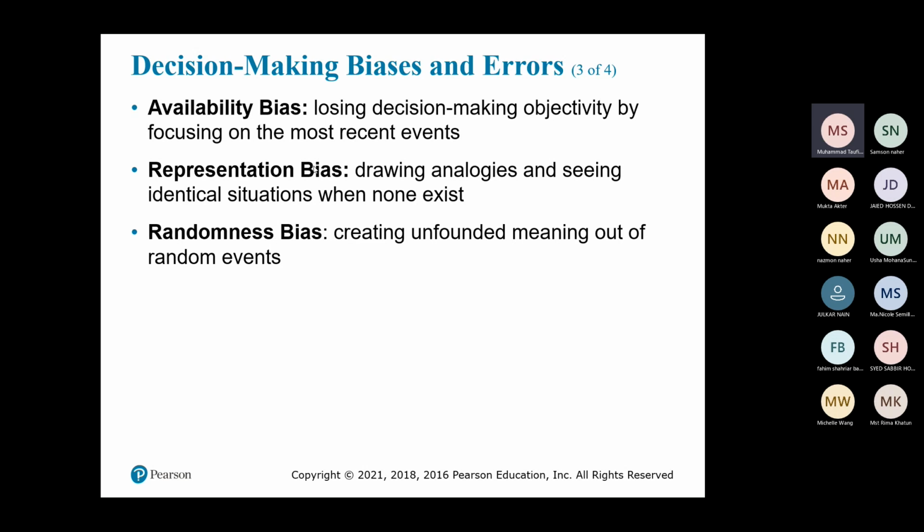You don't care about the previous events. Maybe you just remember this month's events, and you ignore all the previous months' events that happened because of the problem. So that is availability bias.